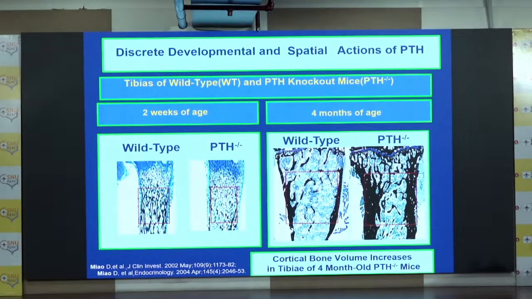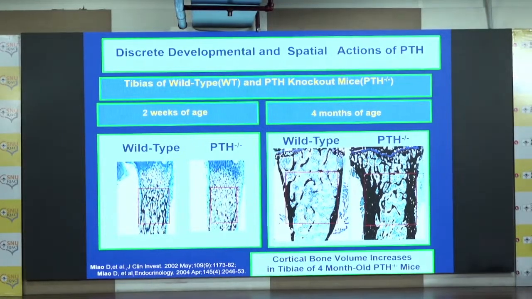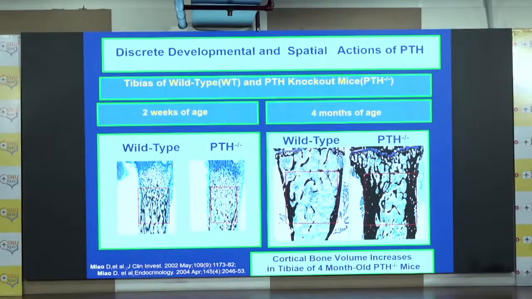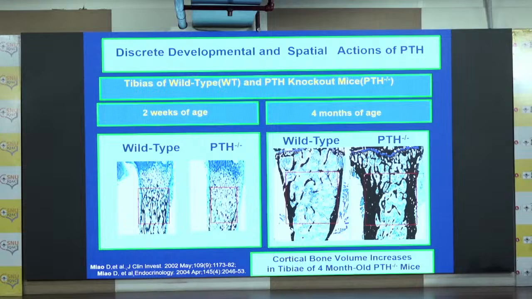When we did this, we looked at 2 weeks of age and at 4 months of age, and we looked at the PTH knockouts, PTH minus minus, which are the PTH gene knockouts, compared to the wild type. And as you can see in the red boxes, there's much less of this black material in the PTH knockouts compared to the wild type animals, and that means that there's much less trabecular bone.